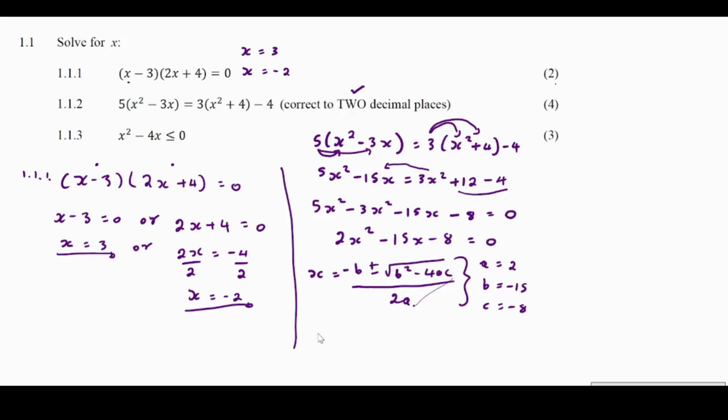And then you go to your substitution, and make sure that your substitution is very correct. Remember, this negative sign is the negative of the formula, so this negative is not being replaced by this negative 15.